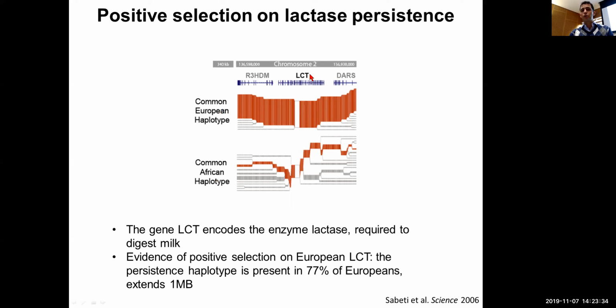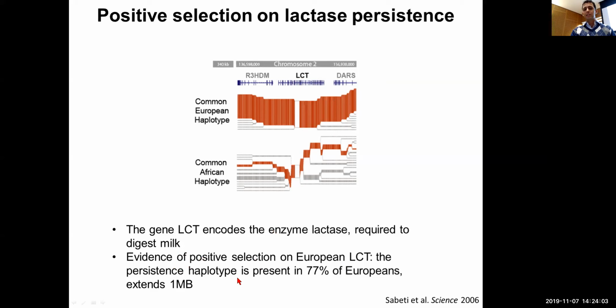So for example, if you look at the gene that allows Europeans to metabolize lactose into adulthood, you see this dramatic, super long haplotype at very high frequency. So that says that this region was very heavily selected for. It encodes the lactase enzyme, which is required to digest milk into adulthood, and there's evidence of positive selection in Europeans.